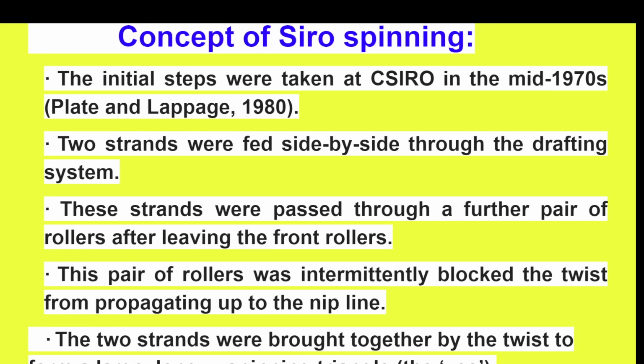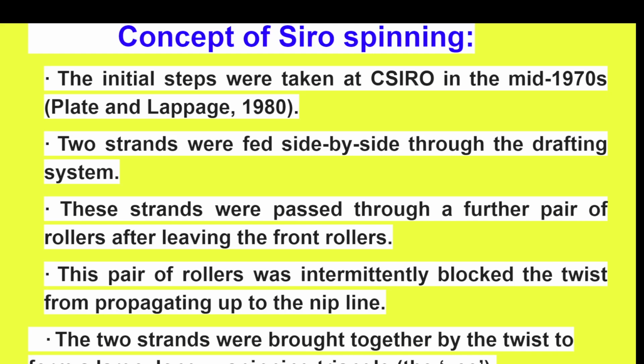The initial steps were taken at CSIRO in the mid 1970s by Plate and Lapis in 1980. Two strands were fed side by side through the drafting system.